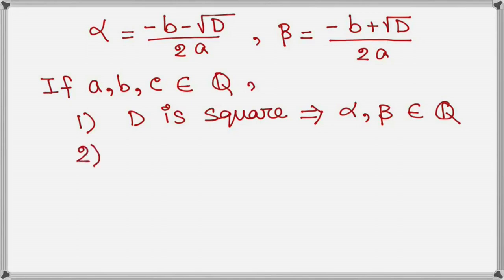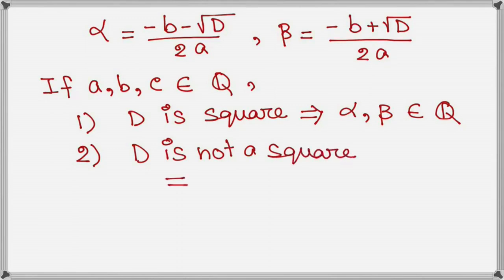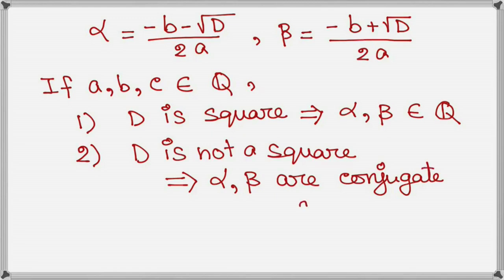And secondly, if D is not a square, then alpha and beta are conjugate surds.